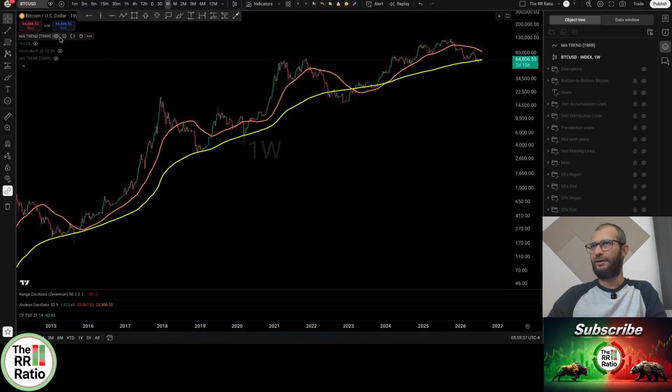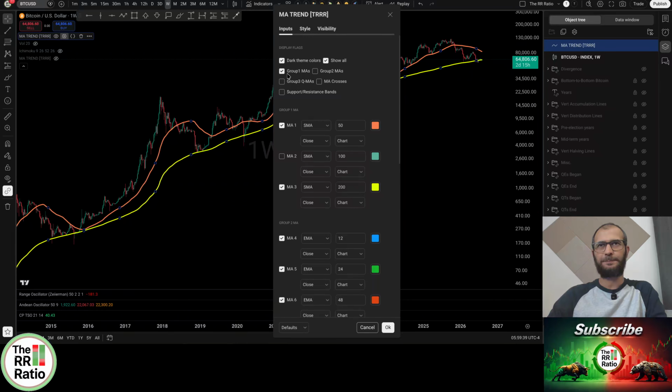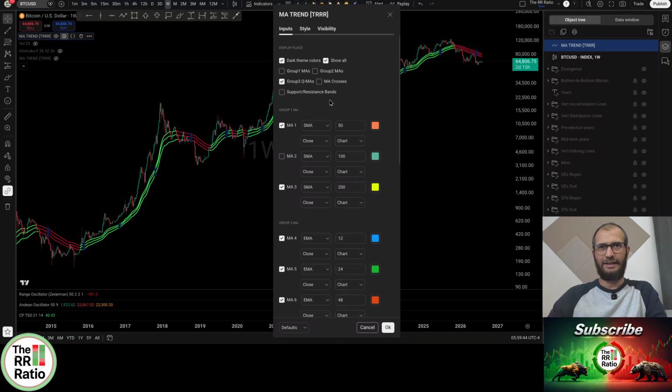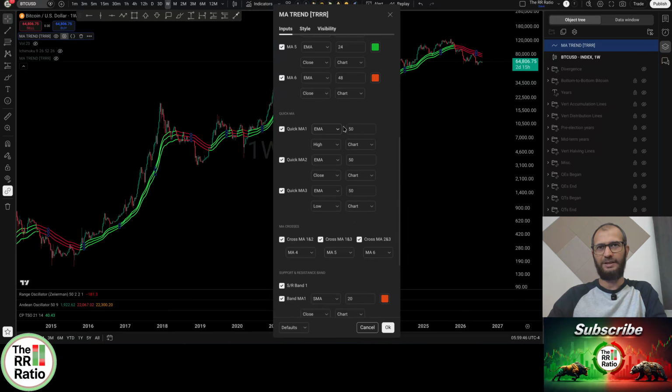So what I have here is, instead of the 50-week and 200-week moving average, for comparison, a 50-week for high, 50-week for close, and 50-week for low. And these are quick moving averages.